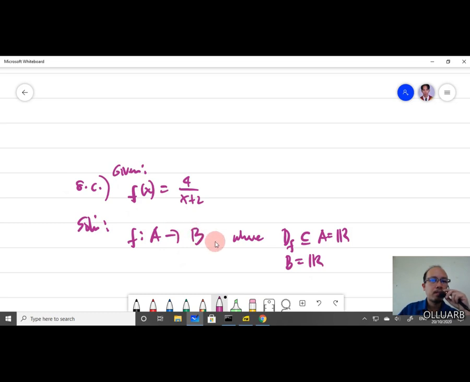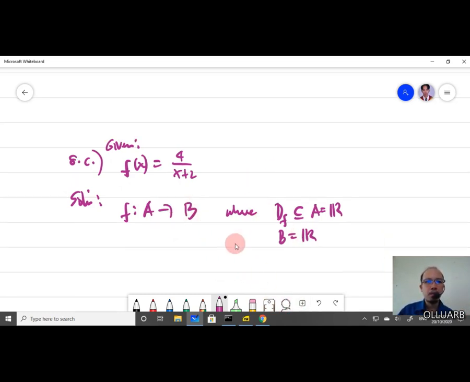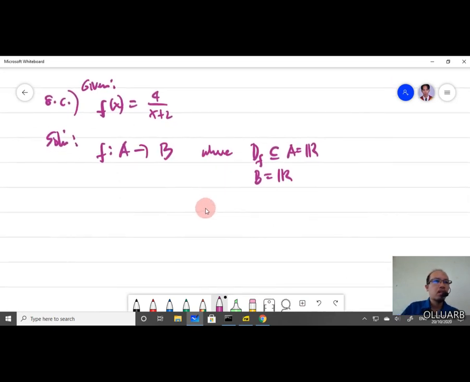So from here we have to get the domain d sub f. So the domain of y equals 4 over x plus 2 is the set of real numbers except negative 2. Okay, so when x is negative 2, the denominator becomes 0, so we have undefined.